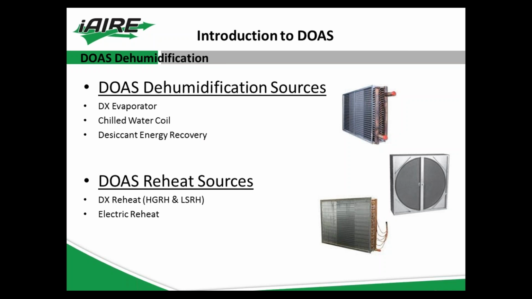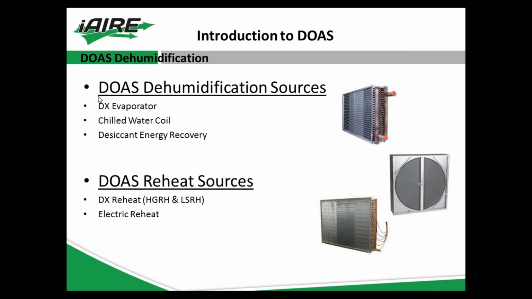And your standard dehumidification sources are going to be obviously DX and chilled water. So again, all of this iAIRE equipment is based around the Carrier platform. So if you're familiar with the Carrier rooftop series, it's going to be your TC, HC, LC, A, N, and P series rooftops. So the whole gamut of the Carrier rooftop series, as well as some of the air handler units themselves, package splits, residential style equipment.